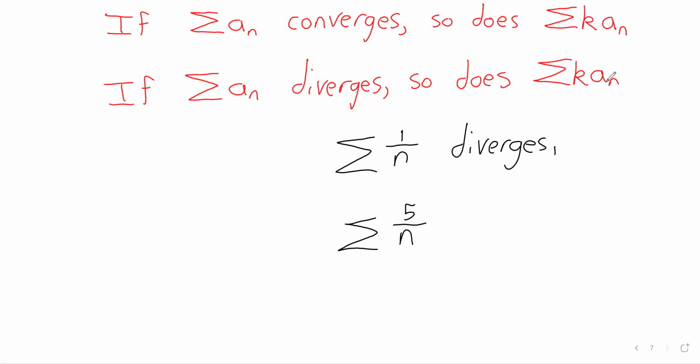What if we have 5 over n or 2 over n? Well, 5 over n, that's a constant multiple of 1 over n, and 1 over n diverges. So, according to this theorem, 5 over n also diverges.